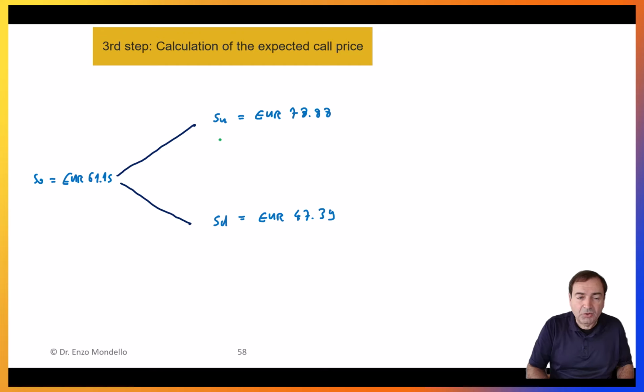To calculate the call price after an up movement at the expiration date of the call, we can take the maximum of €0 or the share price of 78.88 euros after an up move minus the exercise price of 60 euros. Therefore, the call price after an up move is 18.88 euros.